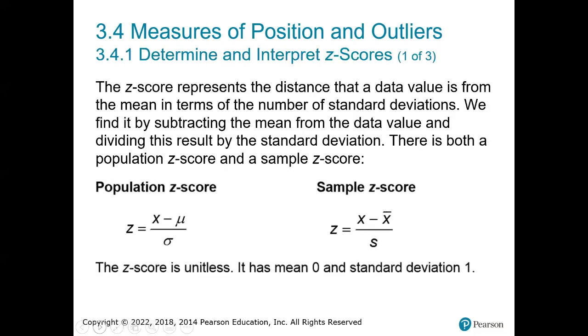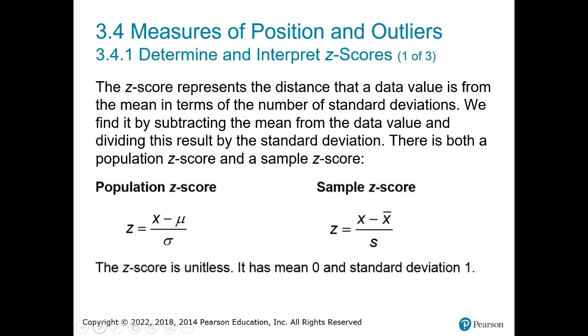All right, so to get started, we are going to talk about what a z-score is. A z-score represents the distance that a data value is from the mean in terms of the number of standard deviations. We find it by subtracting the mean from the data value and then dividing this result by the standard deviation. There is both a population z-score and a sample z-score.